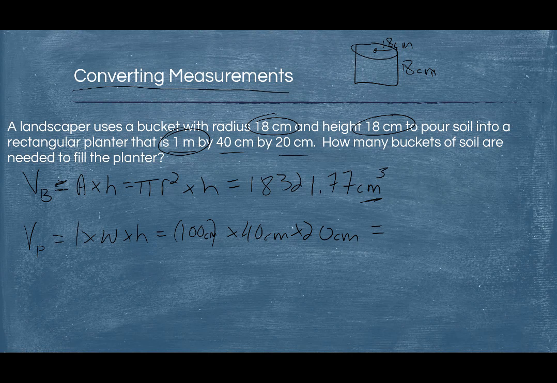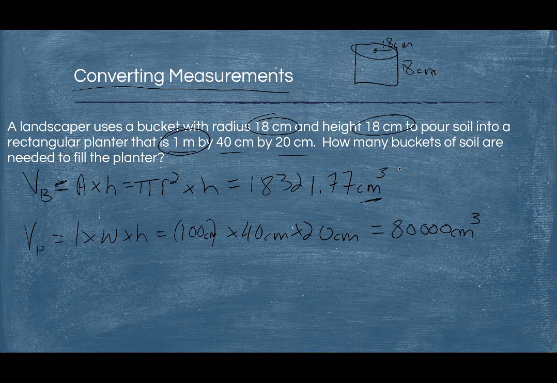So I go 100 times 40 times 20, and it gives me 80,000 cubic centimeters. Now I could have converted everything to meters and had smaller numbers to deal with, but since most of the measurements were in centimeters, I decided just to convert the 1 meter to 100 centimeters. That made the most sense to me.